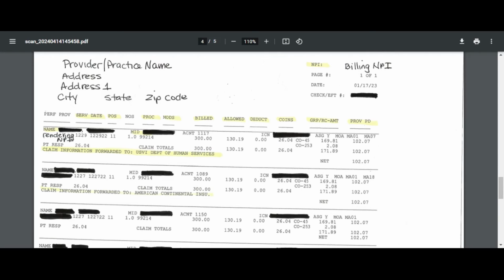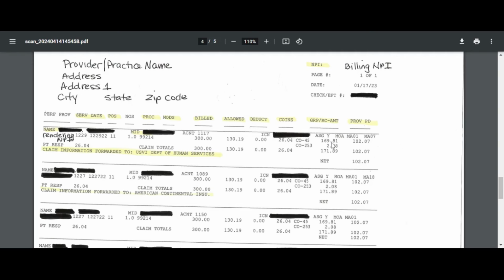The ICN number for Medicare is the internal control number, and it is 13 digits. If you notice, for Cigna, I think Cigna's was a reference number, and for Aetna, Aetna was the claim number, and for Medicaid was claim number. Again, the terms that they use will be different, so you need to know which terms they're using for each payer.